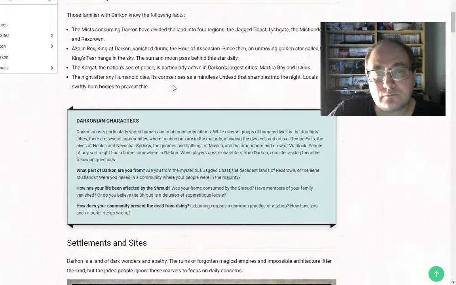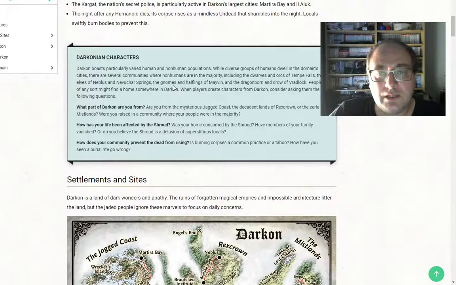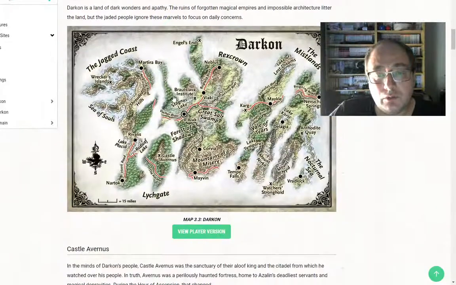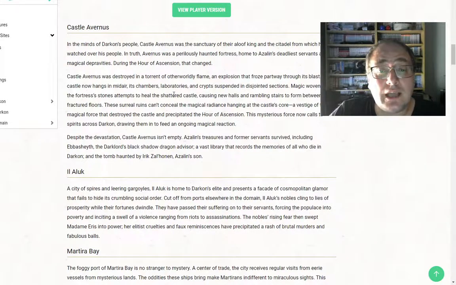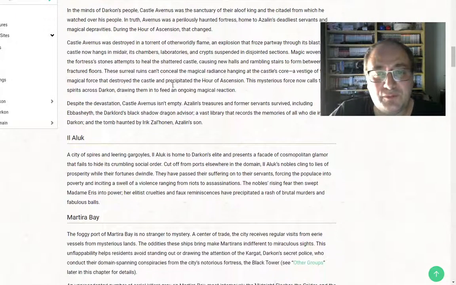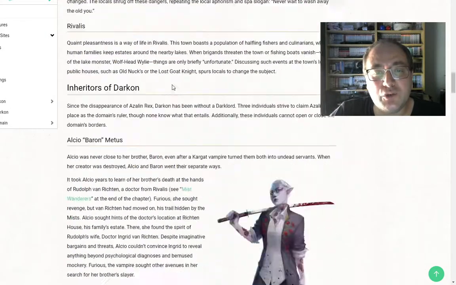And the interesting thing about Darkon is the huge variety of campaigns or adventures you can have in it. For example, Darkon has not one, but three different people, for various definitions of people, who want to be the next Dark Lord, who want to be the next Azalin Rex, and they're all squabbling amongst each other.